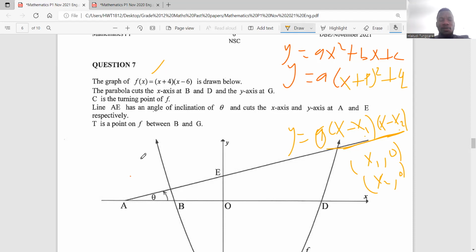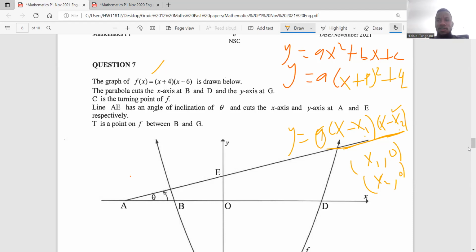So if you have x plus 4, then that means x1 equals minus 4, right? And if it is x minus, then that is exactly the same form, then x equals 6. Okay. I'm just getting you to think about these things. I'm not saying that this is what they're asking, but I'm just trying to get you to think about these different forms in which a quadratic function can be given, and also for you to think about how you can answer the questions when they ask you, right?